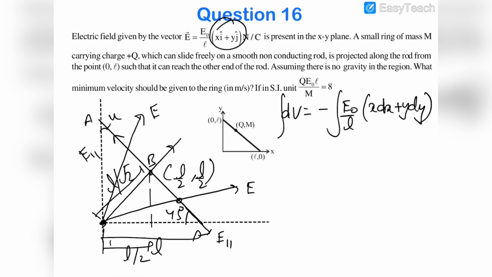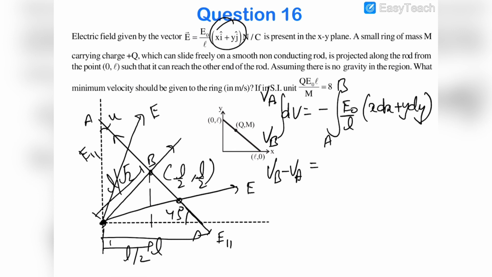Let us apply the limits. This would be from VA to VB, and the points would be A to B. So VB minus VA will be, obviously we can also apply the limits from VB to VA because we are moving against the electric field, so V final to V initial.